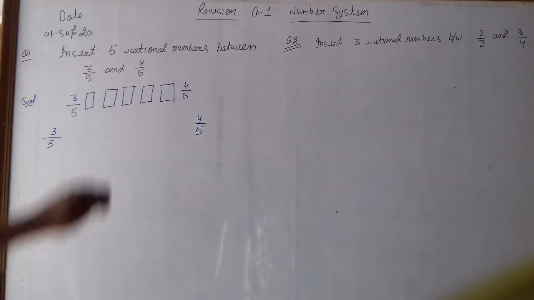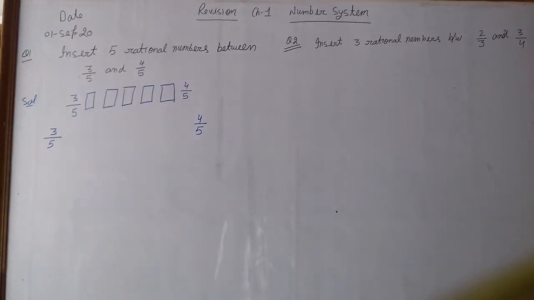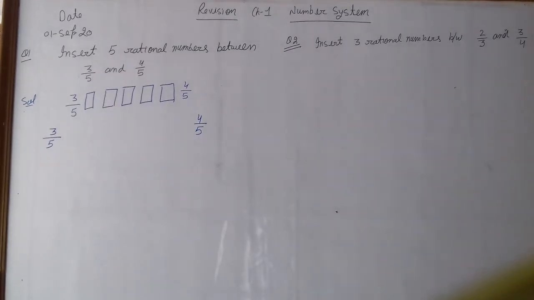Now see students, the numbers that we have to insert is 5. So we have to multiply by one more than the numbers to be inserted. We have to insert 5 numbers, so we will multiply by 5 plus 1, that is equal to 6.